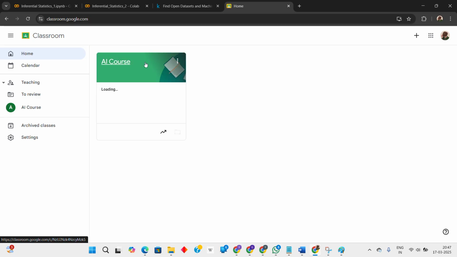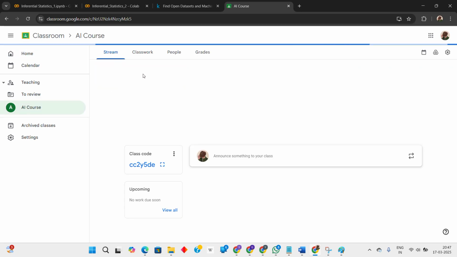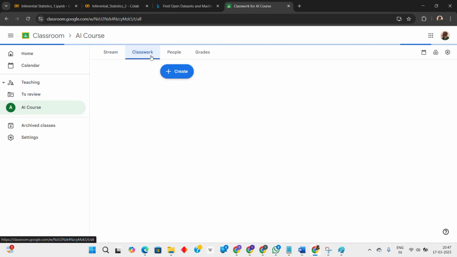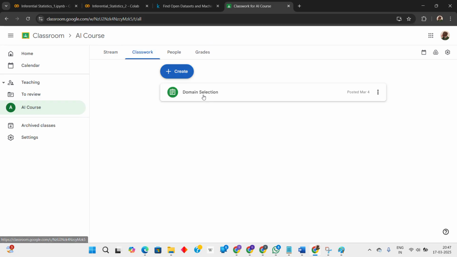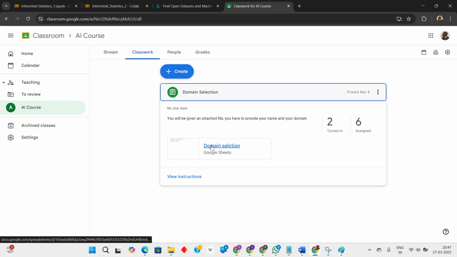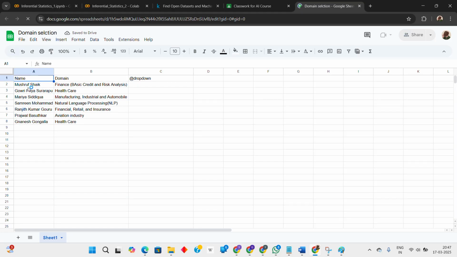For example, let me open the classroom. In classwork, you can see domain selection, right? Go to that domain selection. So Mushraf is saying finance.